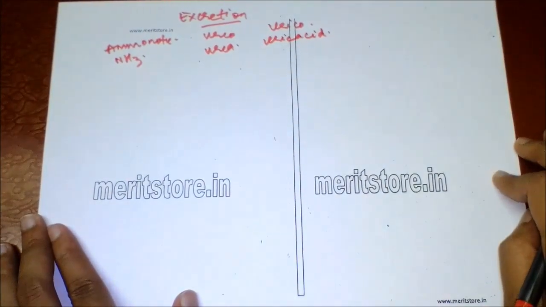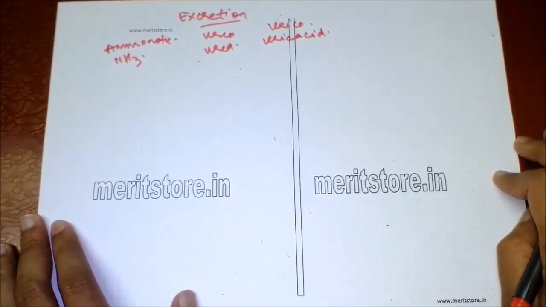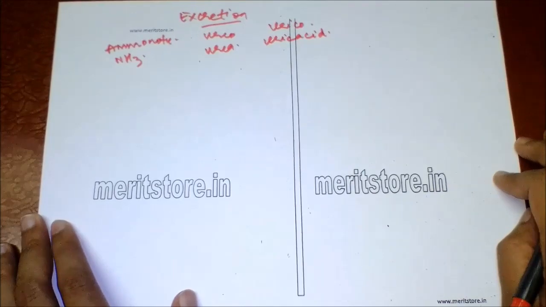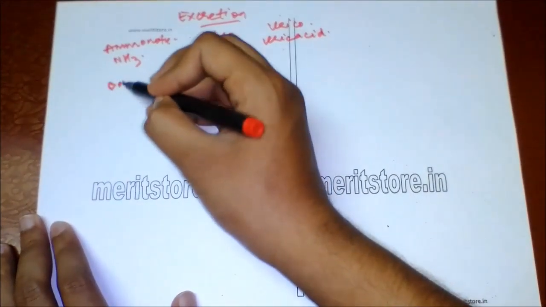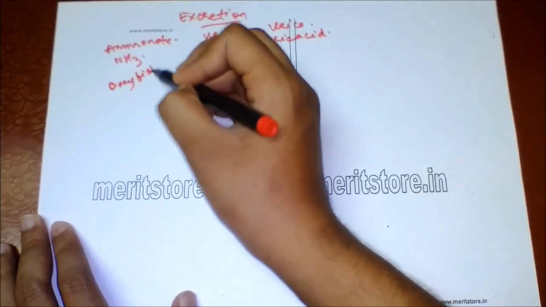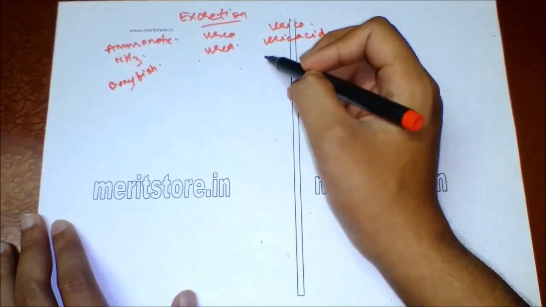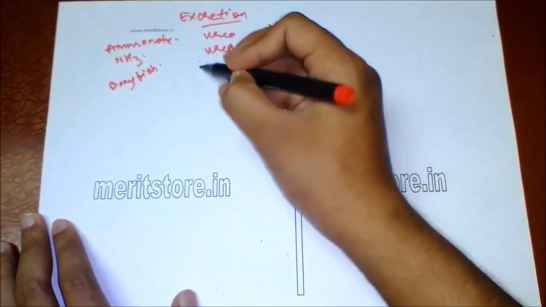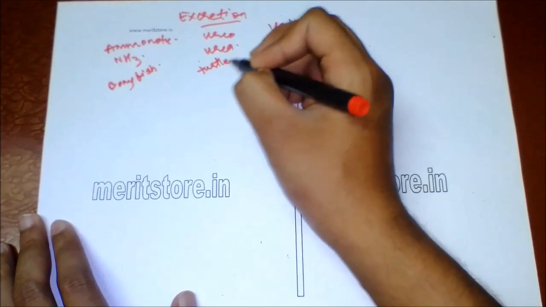Ammonotelism examples are tadpole larvae of frogs or bony fishes. For ureotelism, the examples are turtles or marine fishes.